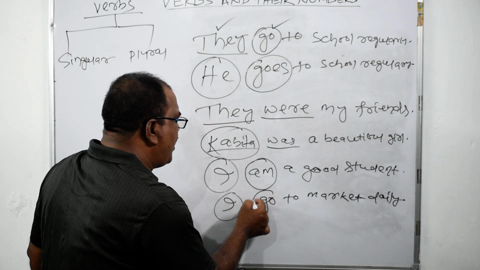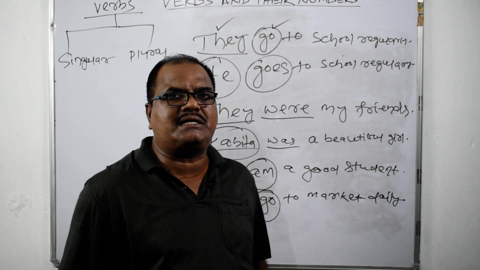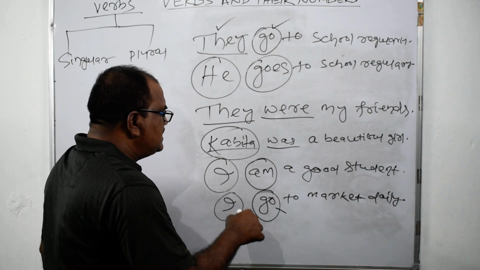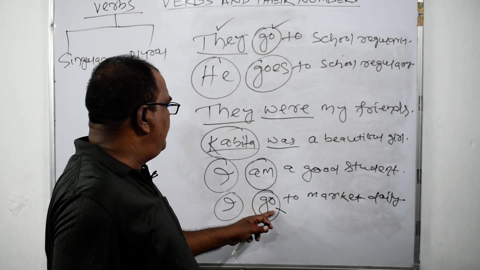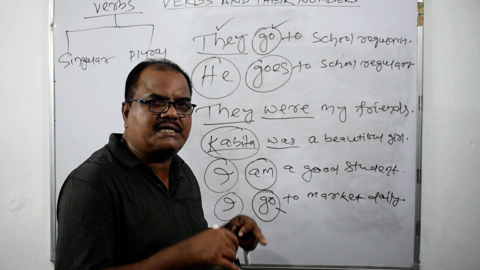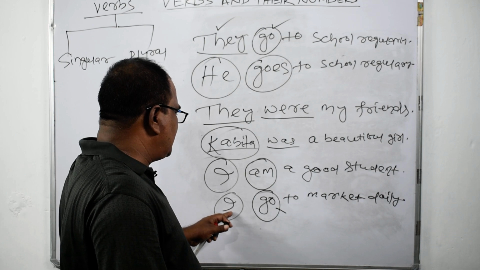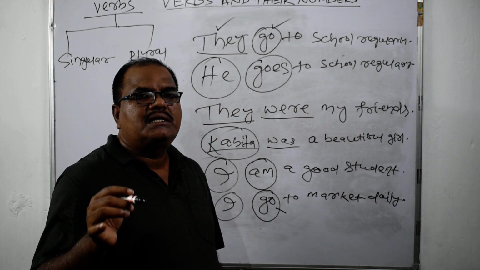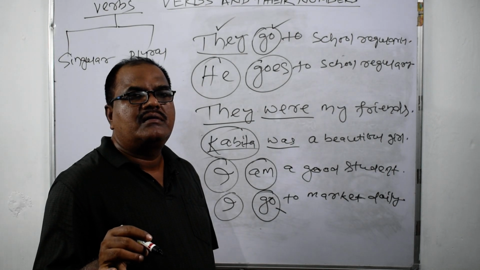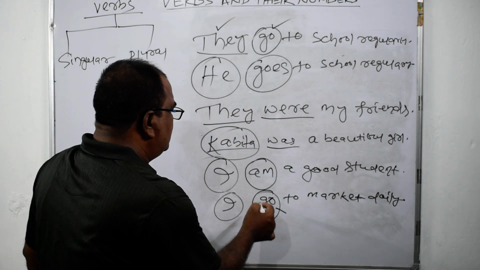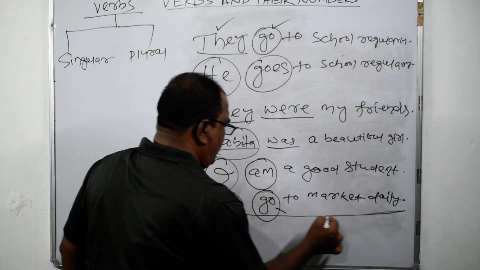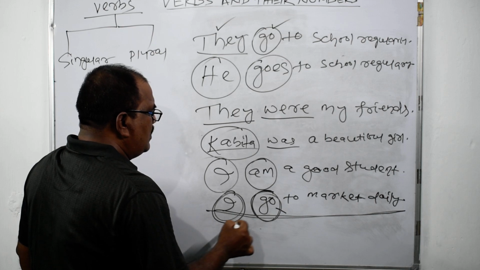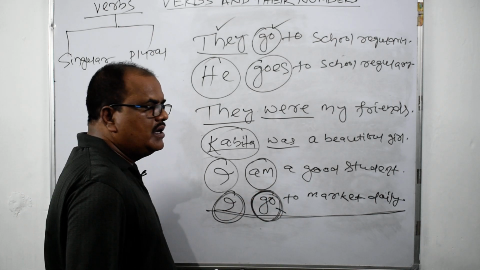But here, one thing you should remember that though the verb is in its plural form, as the subject is first person singular number, here the verb is regarded as third person. And this example you should remember very well. Here the subject is singular, therefore the verb is also singular.